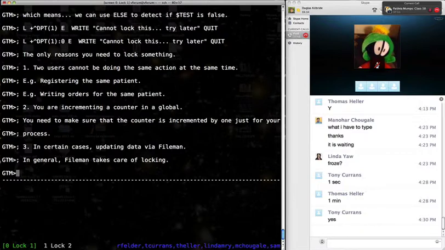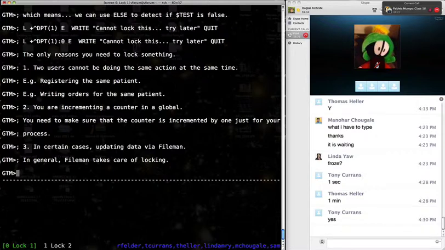FileMan gets a record number, sets the header node for a record number. Each of these is an atomic operation, and it requires it to be locked. It's very important that FileMan not let two different processes acquire the same record number. Otherwise, they're going to overwrite each other's data. So FileMan in general takes care of locking.